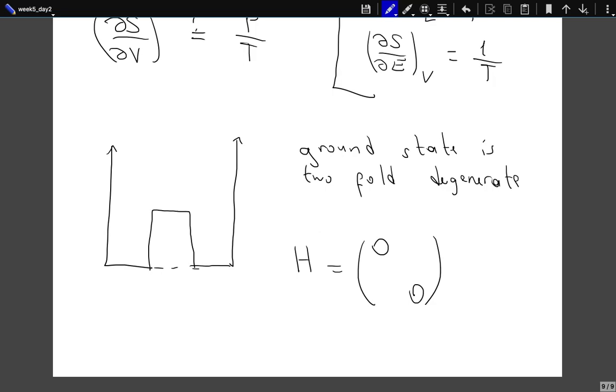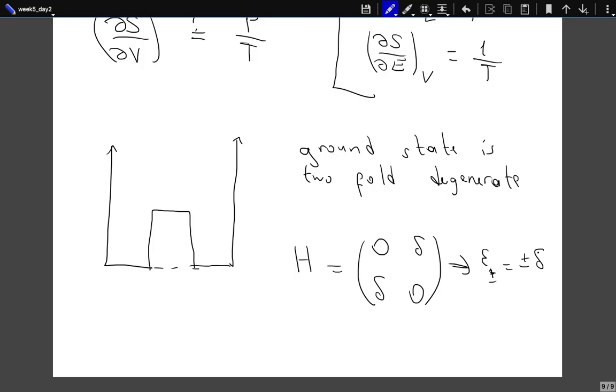But since that barrier in a realistic system will not be infinite, there is a possibility of tunneling. This Hamiltonian has energy eigenvalues plus or minus delta.